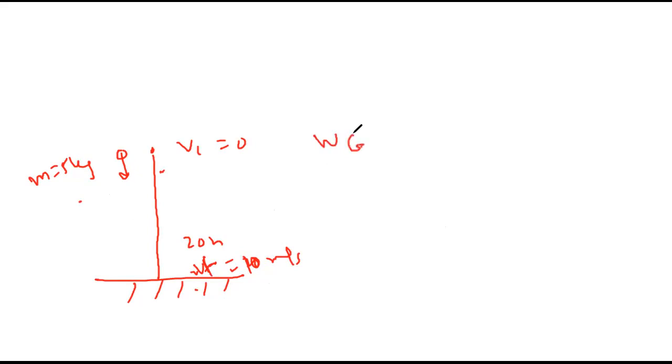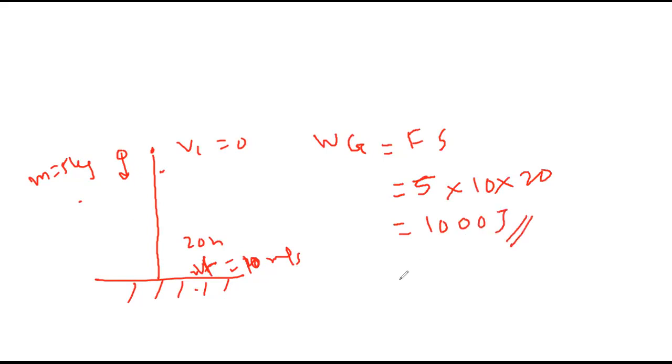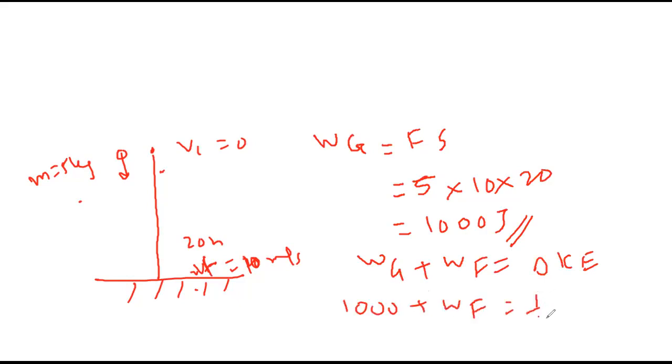Now, work done by gravity is Fs. See, it is not against gravity, work done by gravity. So that means m into g into displacement, that is 1000 joule. Now work done by gravity and air friction total is change in kinetic energy. This is 1000. The friction one we want. This is half m, v final square minus v initial square.